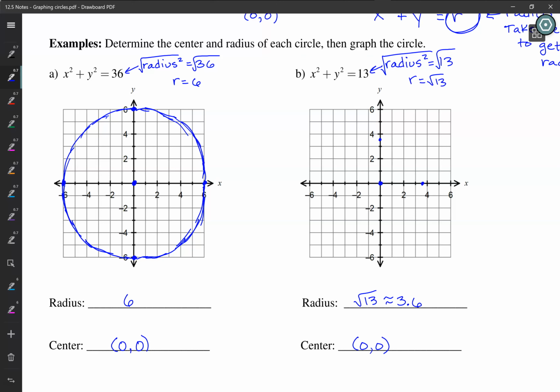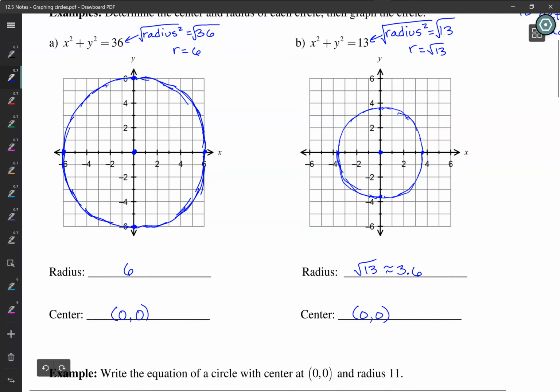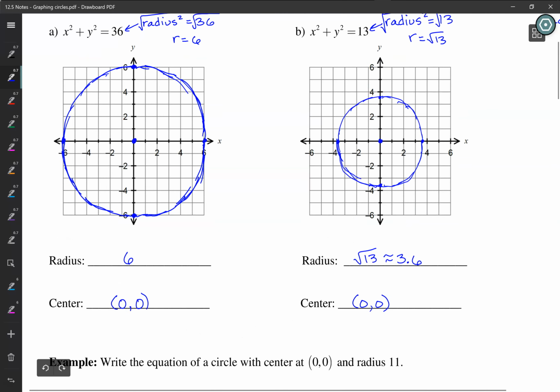I'm going to go left 3 and a little bit more than half. I'm going to go down 3 and a little bit more than half. Just do my best to kind of make it look rounded. I always start out so well and then I can't finish the circle and make it look good, but that was okay.